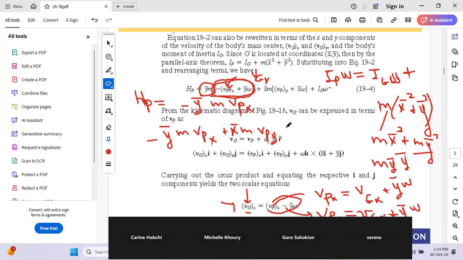Okay, and instead of IP omega, as we said, you can replace by IG omega plus m x bar square plus m y bar square.